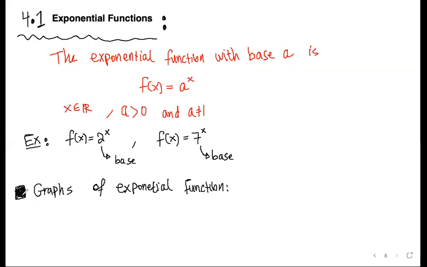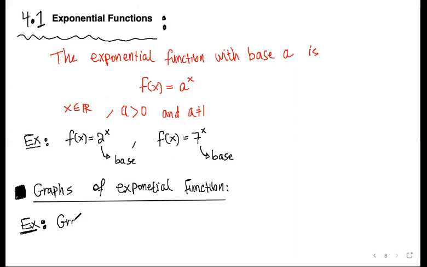To graph the exponential function, we're going to start by plotting points. Then after we graph by plotting points, we're going to use transformations. I'm going to explain that by example.